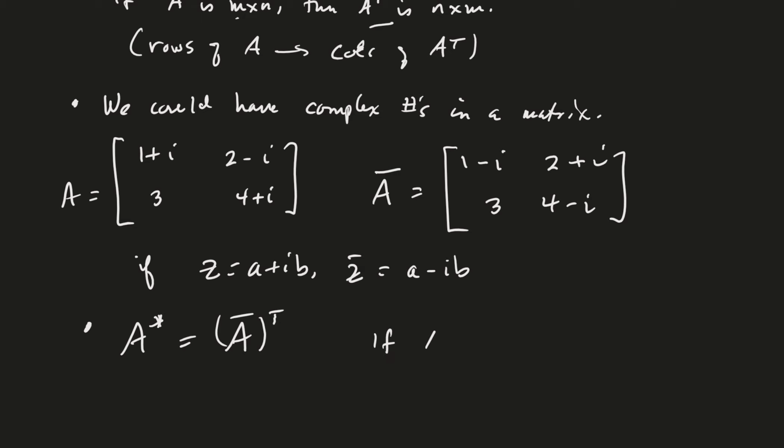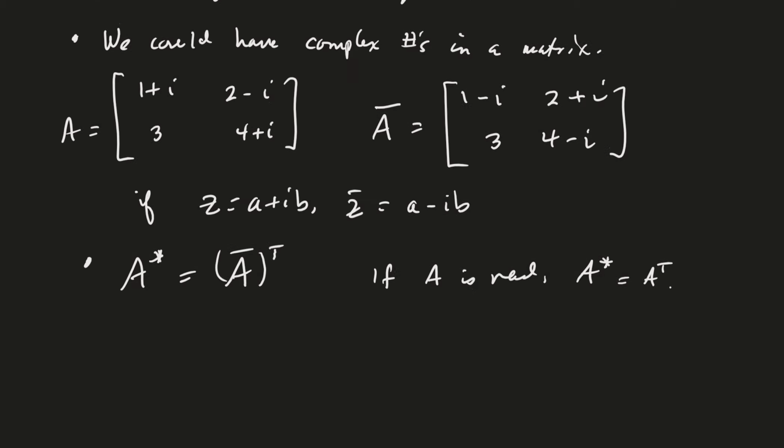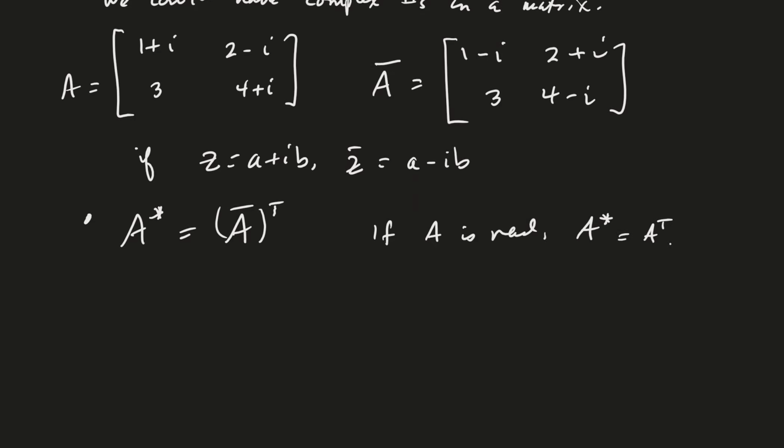If A is real, then A star, the adjoint of A as it's called, is equal to A transpose. We're sometimes going to use that, so you may see this notation at some point. That's why we're bringing it up now. That's a little different from our linear algebra.